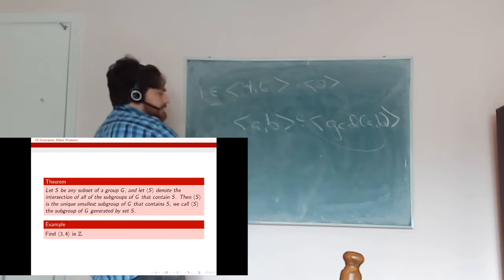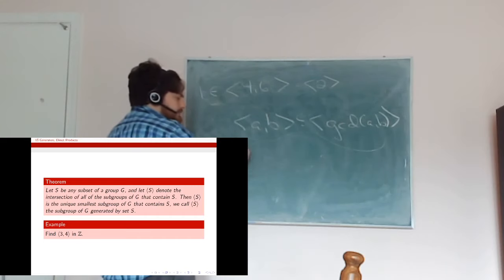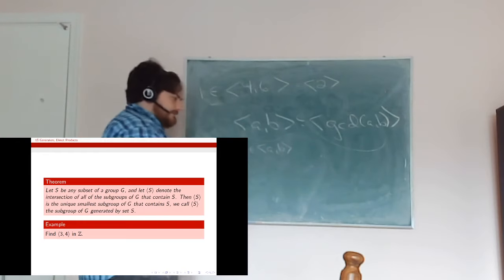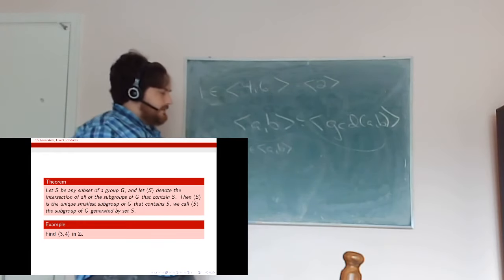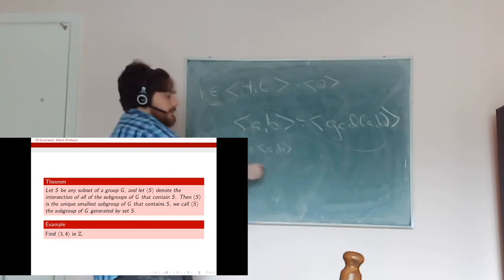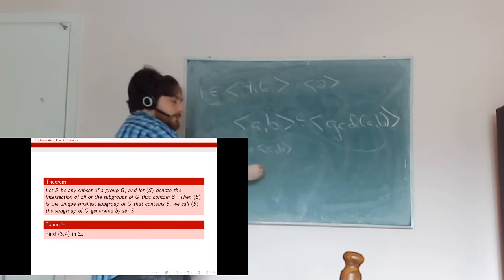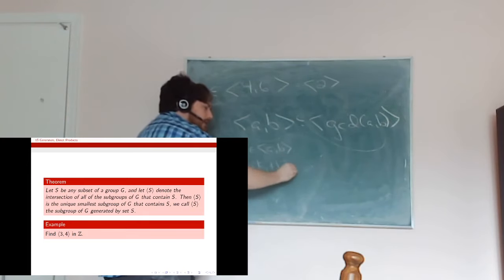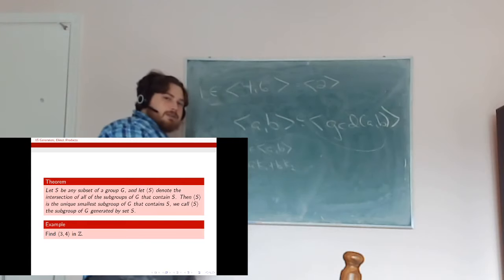So let X be in the group generated by A and B. What is X going to look like? Well, because these are within the set of integers, it's going to be a multiple of A times, so let's say K1, plus a multiple of B times, say, K2, because I have to close this under the operation.